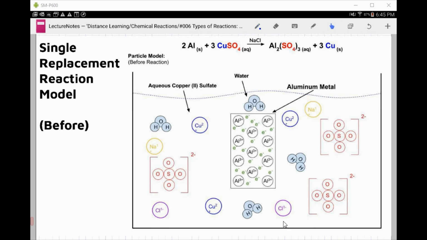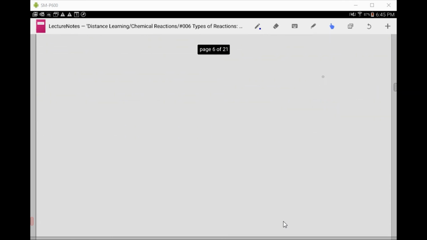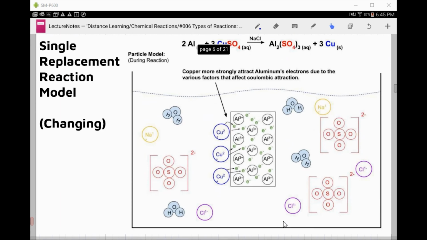Now what happens to actually get this reaction going? Well, as those ions are floating around, some of these coppers are going to make their way to the surface of the aluminum metal. They're free to move inside of the solution. It's just going to happen naturally over time. Now, what happens when they get close enough is that those copper ions that are floating around have a stronger attraction for that sea of electrons than the aluminum atoms in the metal do.